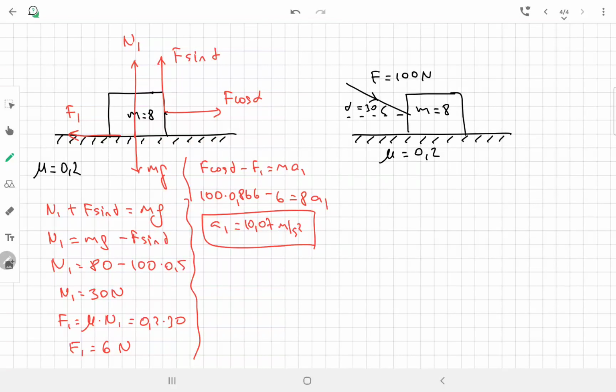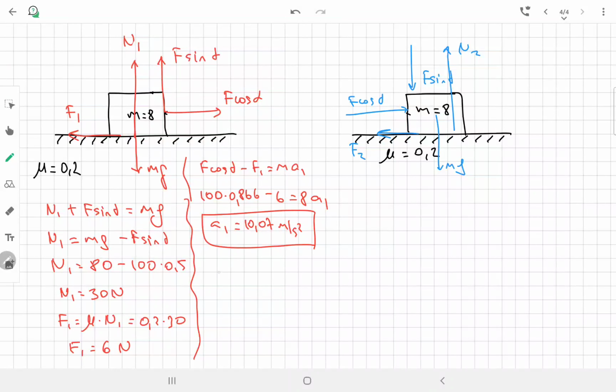Let's do the same calculations in the same way for the second object. Let me write the force in terms of components. So horizontal we have F cosine alpha. Vertical downward, here you should be careful, F times sine alpha. And downward we have weight. Upward we have a normal force, let's call it N2. And the friction force to the left, let's call it F2.